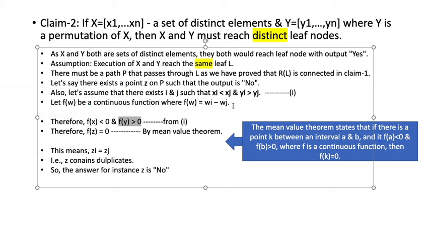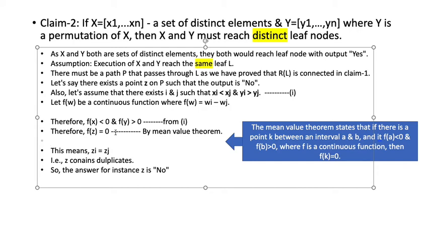How? Because based on our assumption, xi is less than xj and yi is greater than yj. So from this, we can infer that f of x is less than 0 and f of y is greater than 0. Therefore, as we have assumed that z is on path p, we can say that f of z is equal to 0.